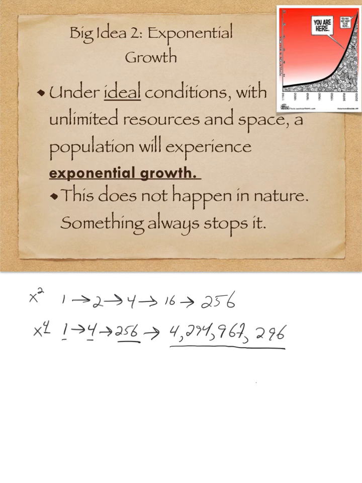That means the curve would go straight up like so, where you just start with 1 and then maybe you hit 4 and then here you're at 256 and then all of a sudden you're all the way up here at 4 billion, right? Plus. So that would be an exponential curve, a very steep curve that goes upwards.